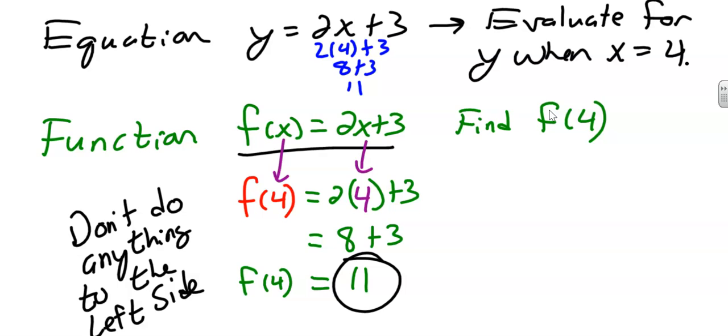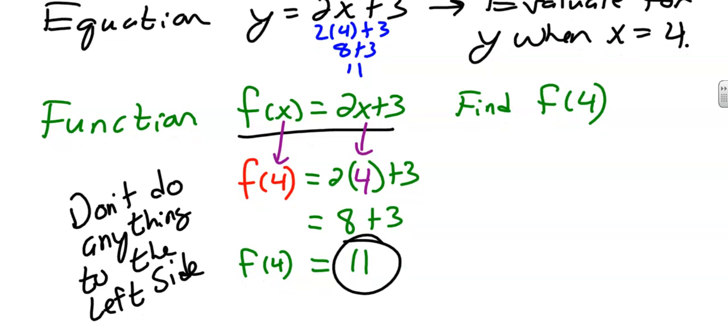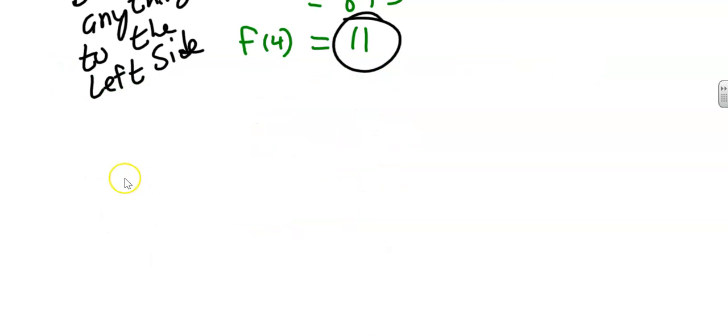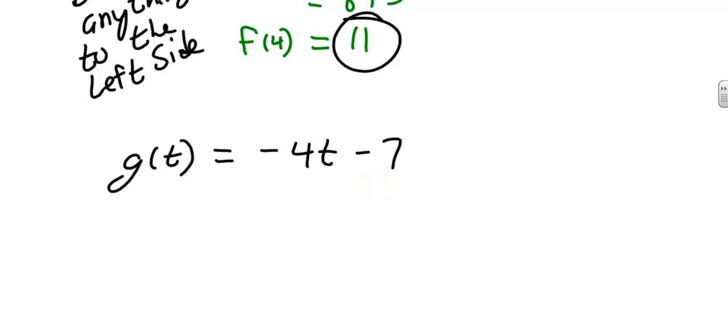Okay. And the way they're set up in the homework is that they're going to give you a box full of numbers. They'll do the same type of setup on one like this, where they'll give you a function. Maybe this one's going to be g of t, so sometimes they'll change up the letters just to give you different parts of it. And maybe this is going to be negative 4t minus 7 or something like this.